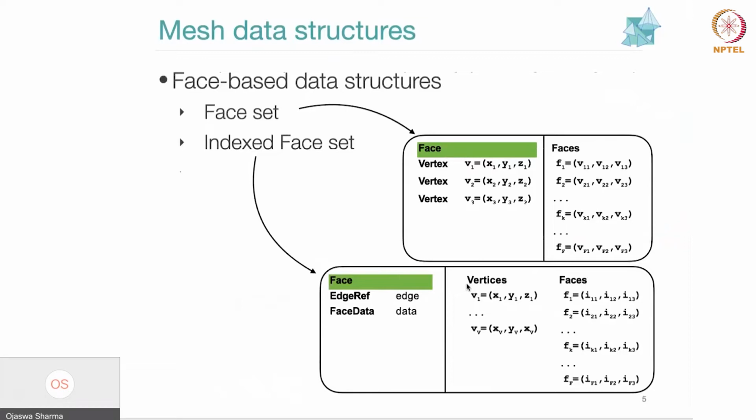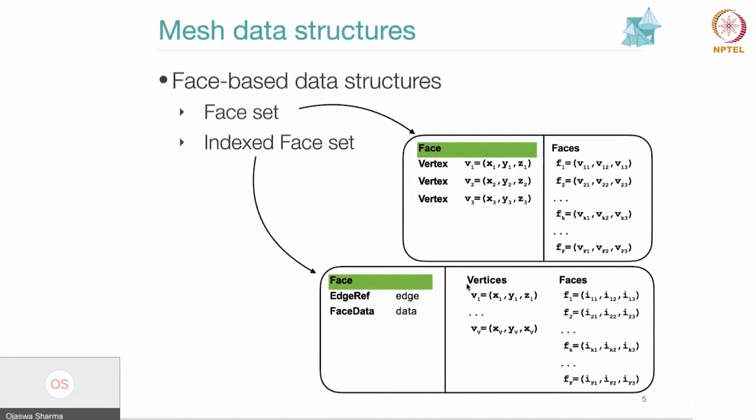Let's take a look at some of the mesh data structures. Some of the very primitive data structures represent a mesh with the help of just arrays of the coordinates of the vertices and the facets.